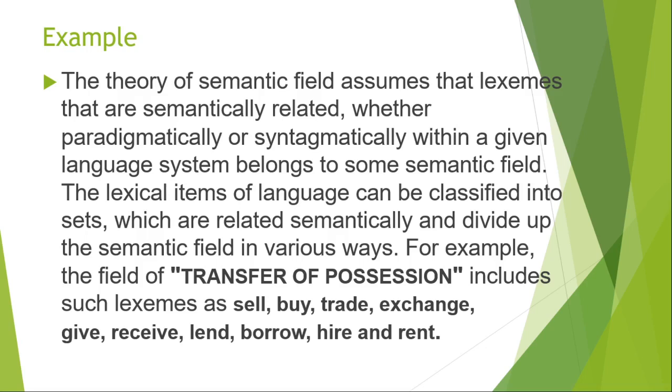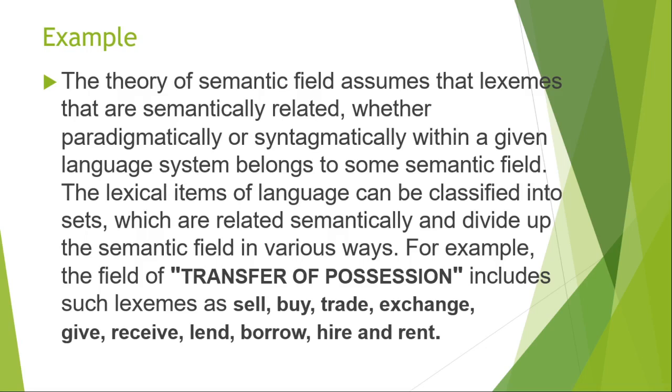These girl and boy nouns are paradigmatic choices, but we cannot say the chair is going because it violates the grammatical rules. Syntagmatic relations are horizontal relations between words. One word goes with another word. For example, the boy goes. There is a syntagmatic relationship of singular noun with singular verb. And the boys go.